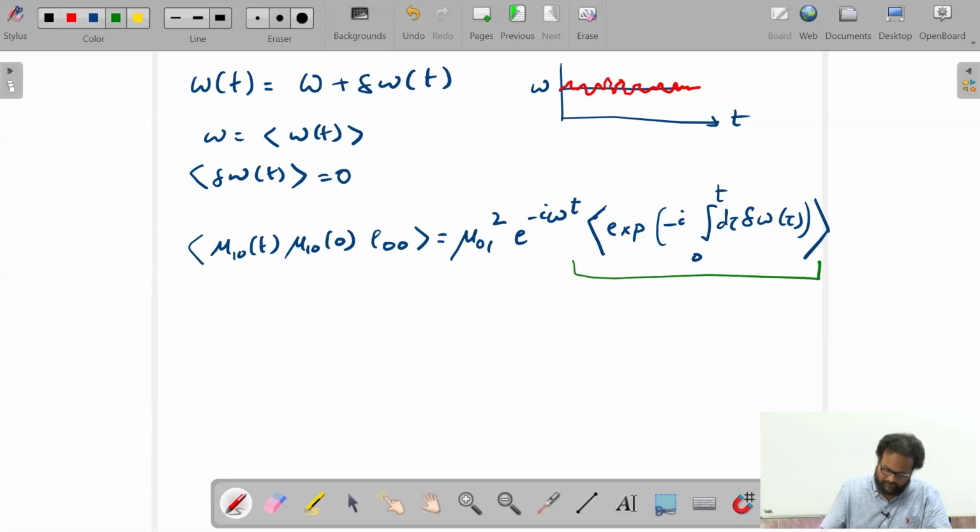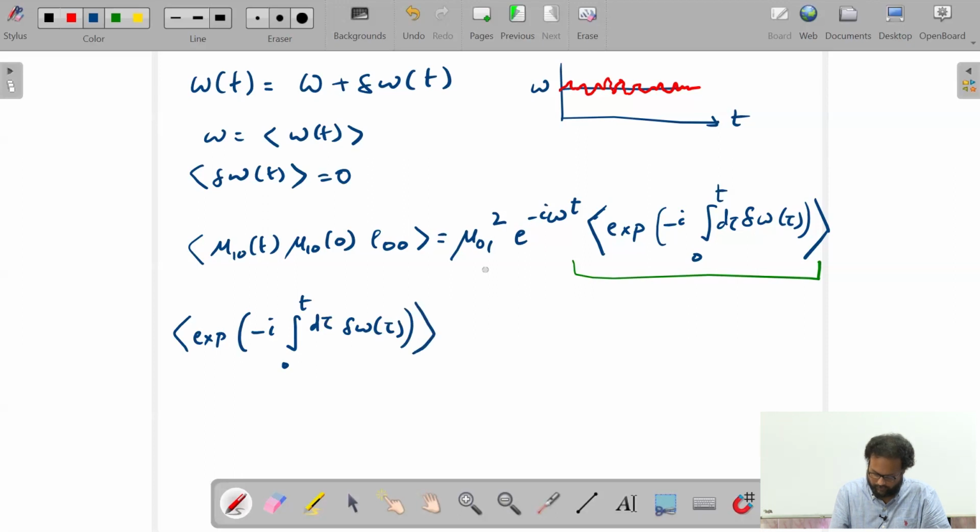You could calculate this using what is referred to as the cumulant expansion. Without going into too much detail about what the cumulant expansion is, if you're interested, please come to me and I can explain to you. I can calculate this exp minus i integral 0 to t d tau delta omega of tau.